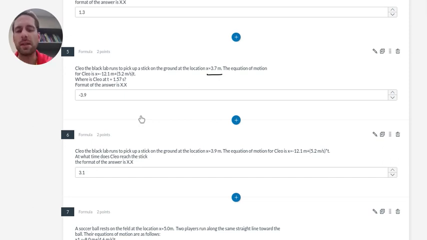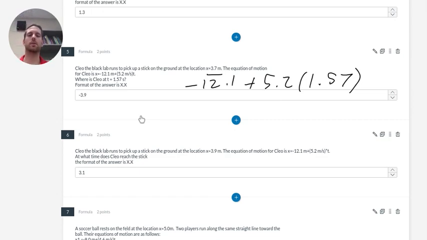So it's going to be negative 12.1 plus 5.2 times the 1.57. And that's going to give us our answer. Negative 12.1 plus 5.2 times 1.57, or negative 3.936.